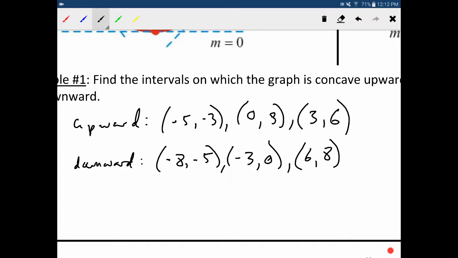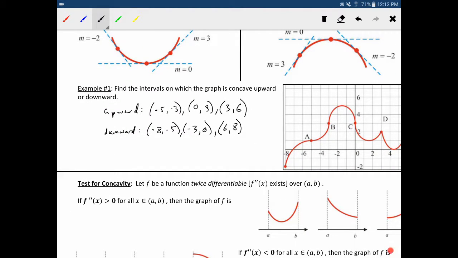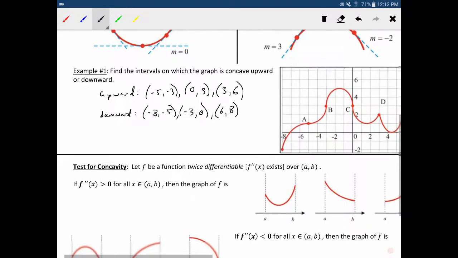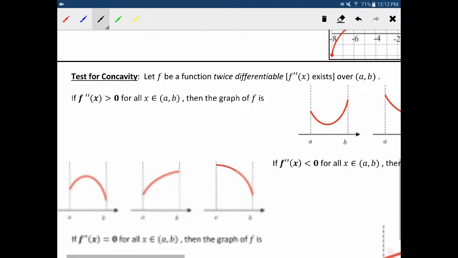It's easy to see whether it's concave up or down when you're given the graph, but we're not always given the graph, so we're going to do a test. You're going to take the second derivative.